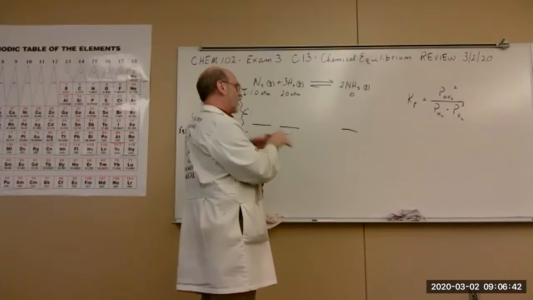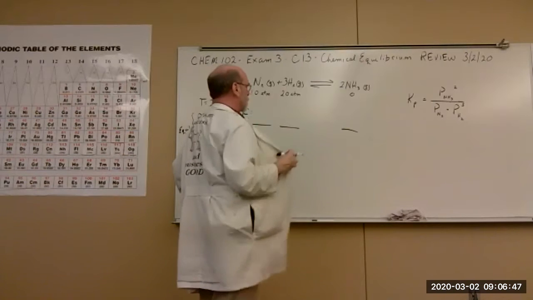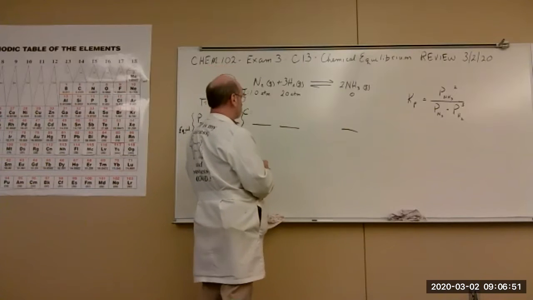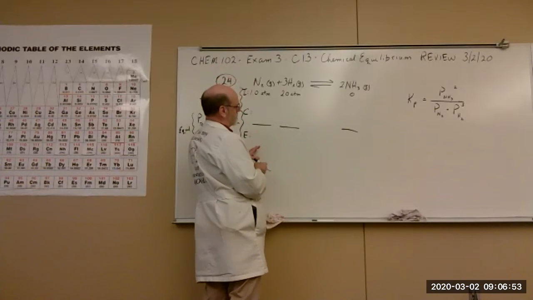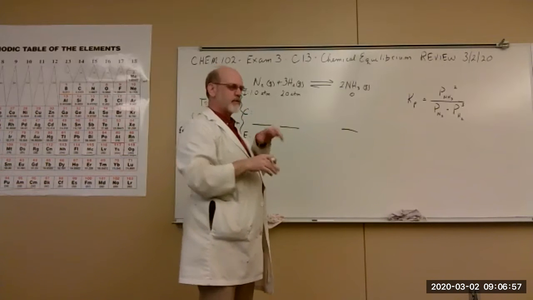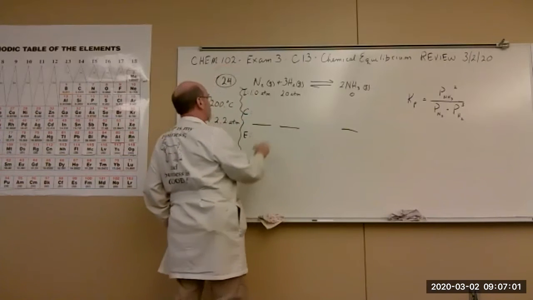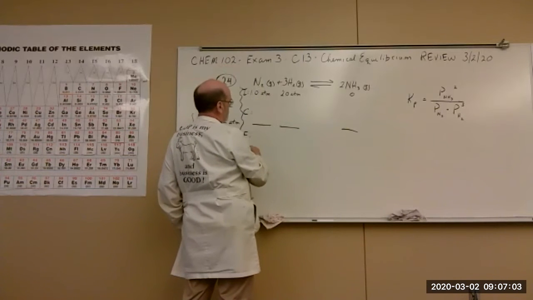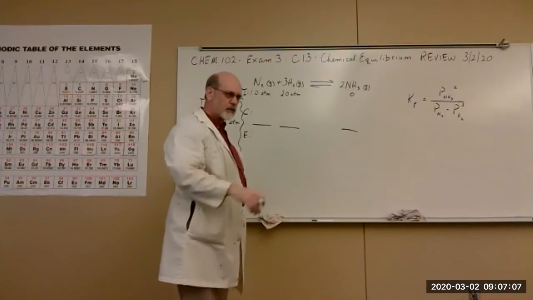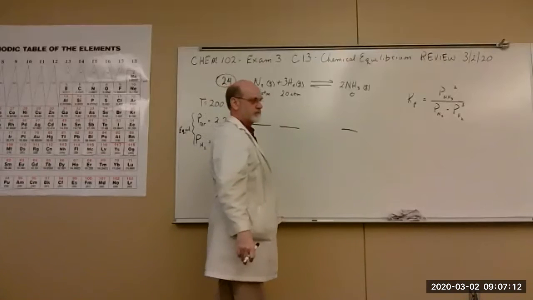We just need to pick our unknown, our x value, so that when we solve for x, it gives us the partial pressure of hydrogen. This is a case where you want to choose your x wisely. If we said we're going to lose some nitrogen, that's x, then hydrogen is 3x.